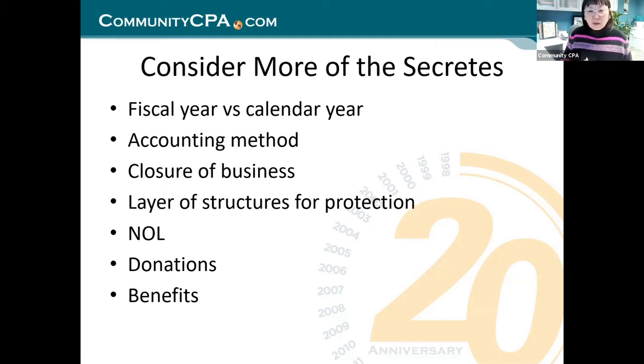Donation, I talked about on the nonprofit. Benefits can be built in the nonprofit or in your business. If it is a C-corp, it's deducted as a business expense. If it is an S-corp, make sure that benefit goes to everybody. There are more things we can do related to structure, but I will conclude my talk this way.